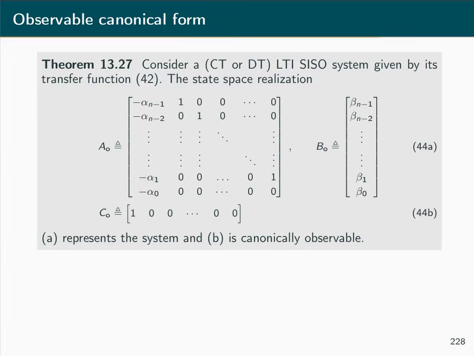Then this transfer function can be translated into a different state space realization given by the system matrix AO like this, the input matrix BO like this, and the output matrix CO like this, such that A, this state space model in equation 44, is equivalent to the system defined by the transfer function in equation 42, and B, the state space model given in equation 44 is canonically observable.